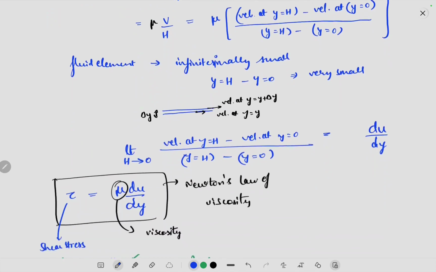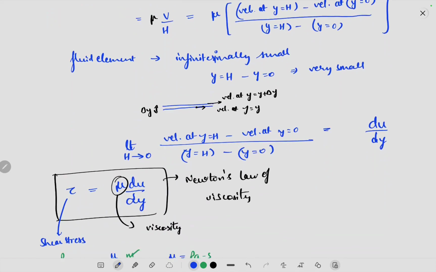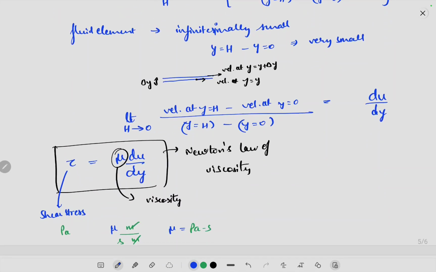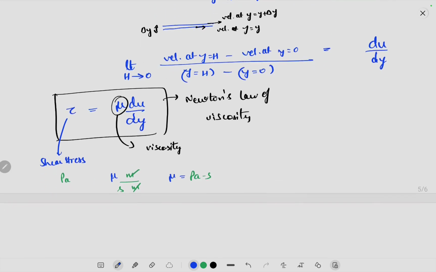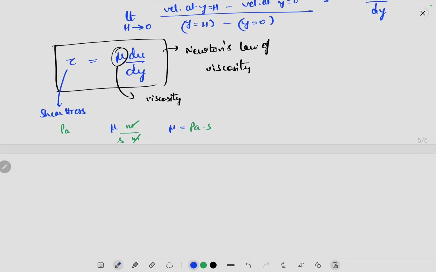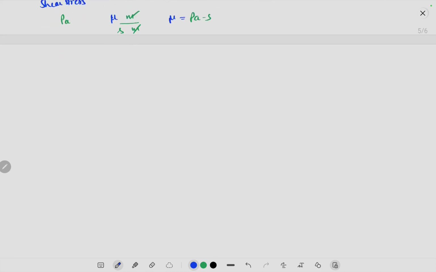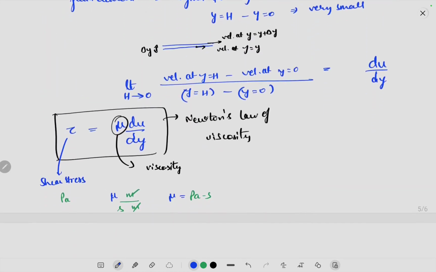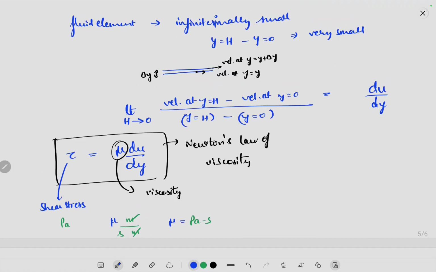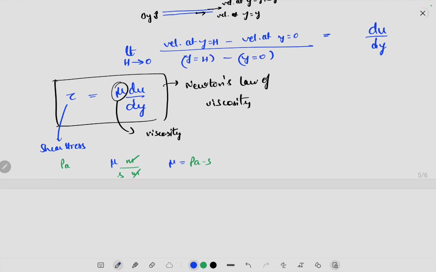Now it's not always the case that this mu remains constant, as you apply more strain rate. So the category of fluids which follow this equation of Newton's law of viscosity are called Newtonian fluids, and the ones which do not follow this equation are called non-Newtonian fluids.